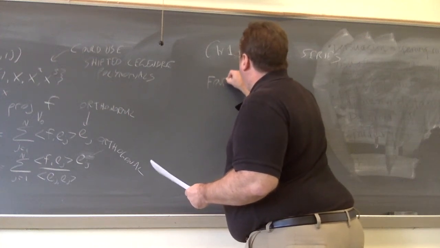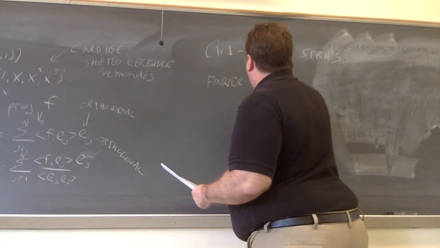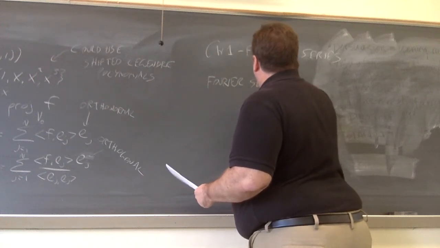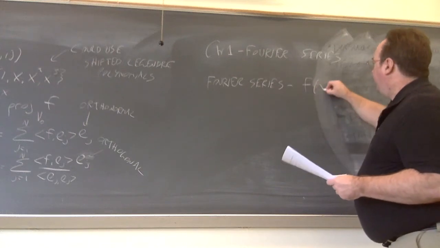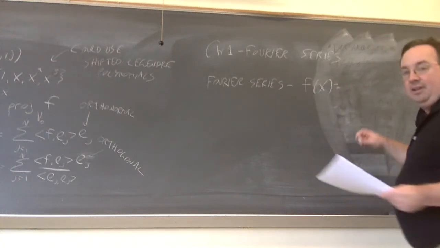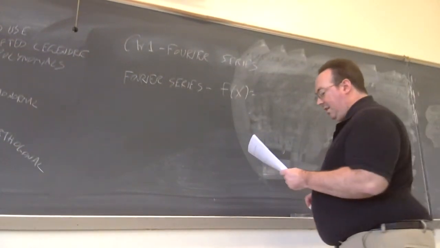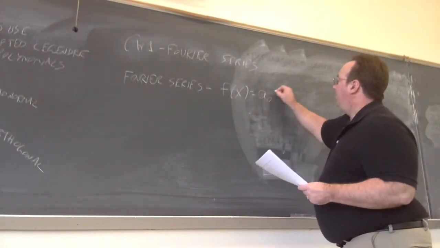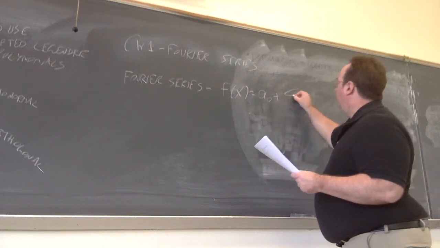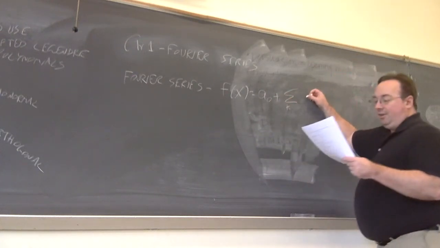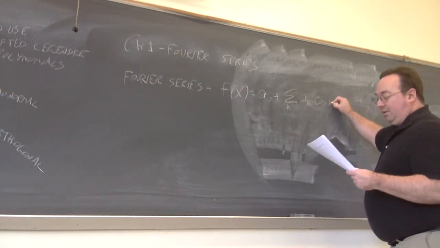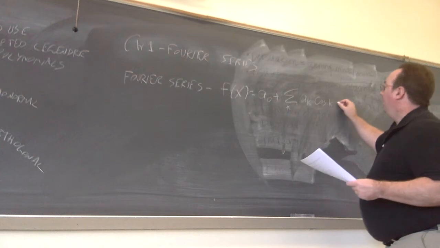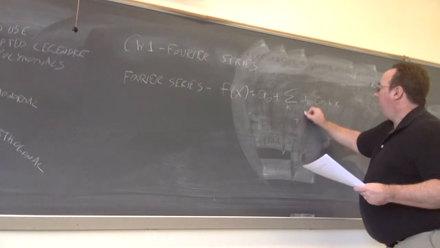So a Fourier series, and how I will write it throughout. There are different forms you'll see, but mostly this one. So f of x is, okay, a constant term plus the sum of cosine terms plus sine terms.